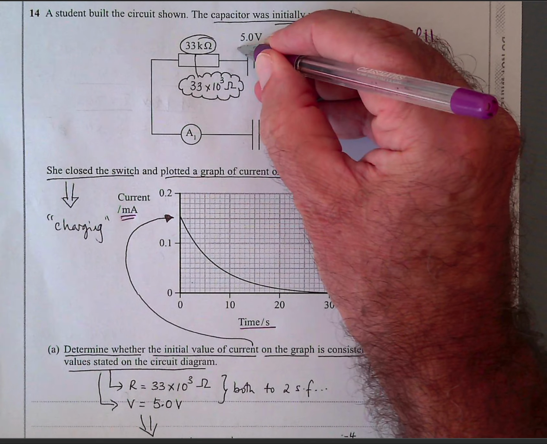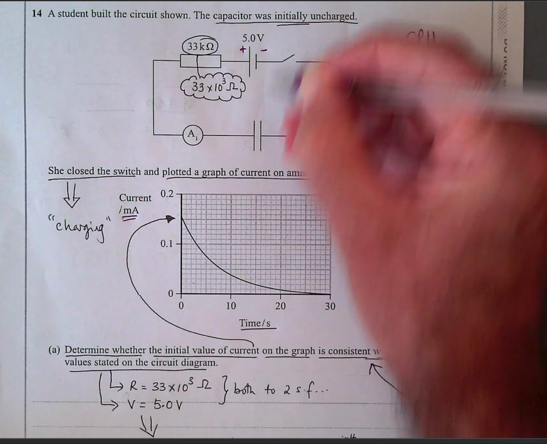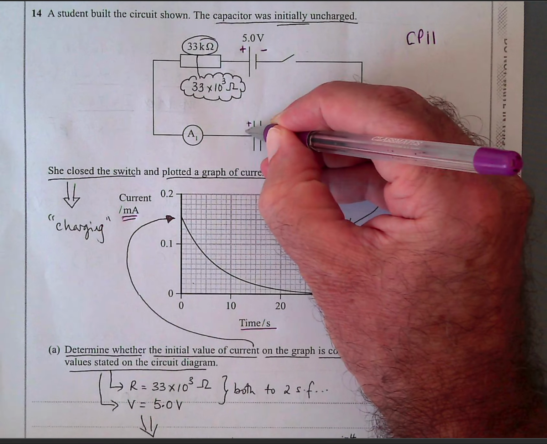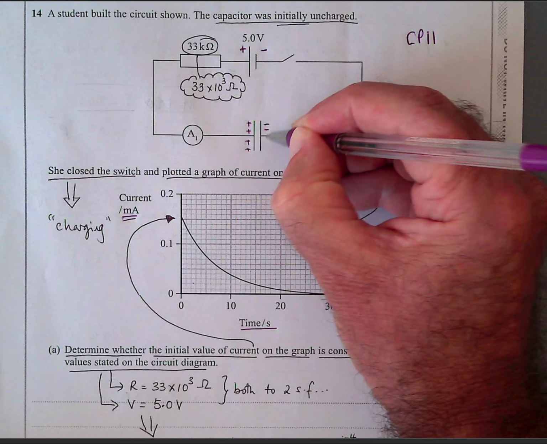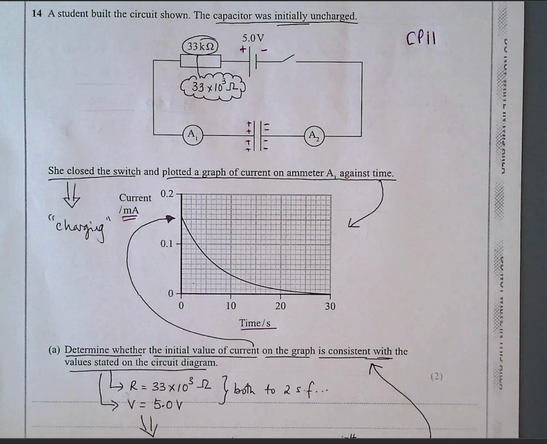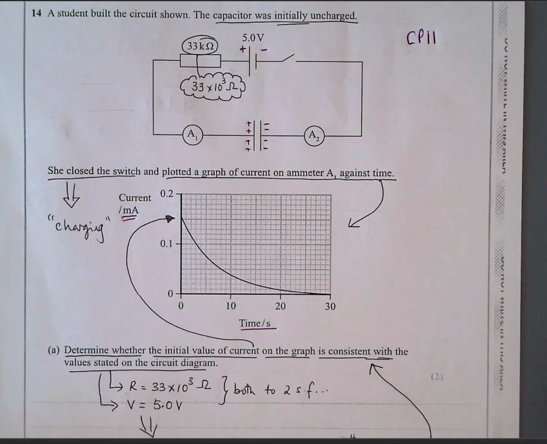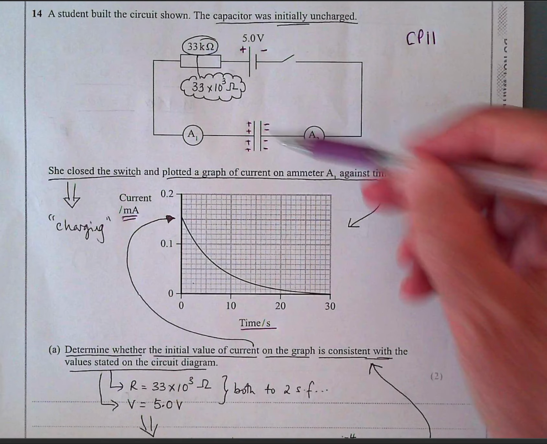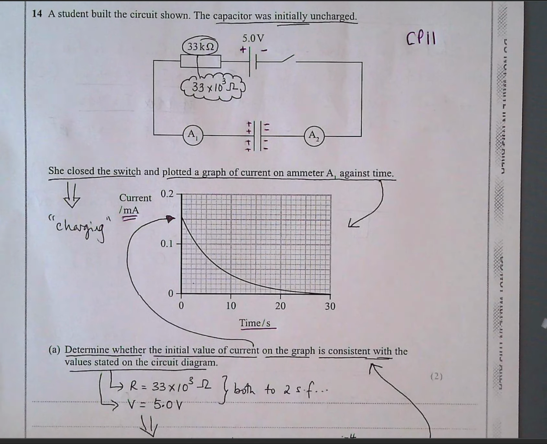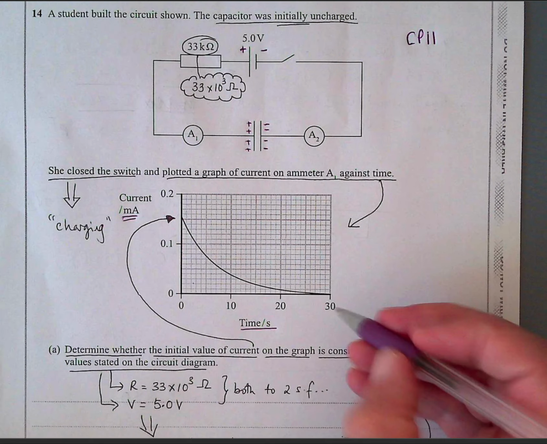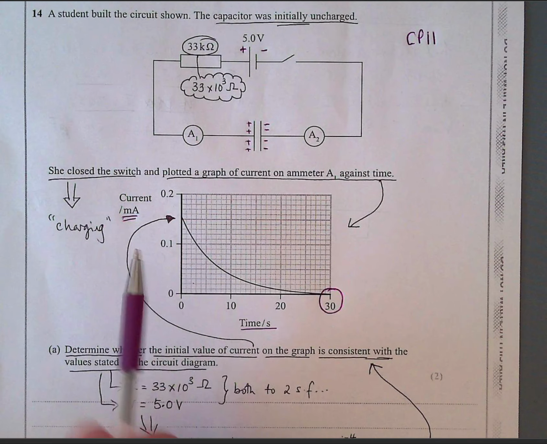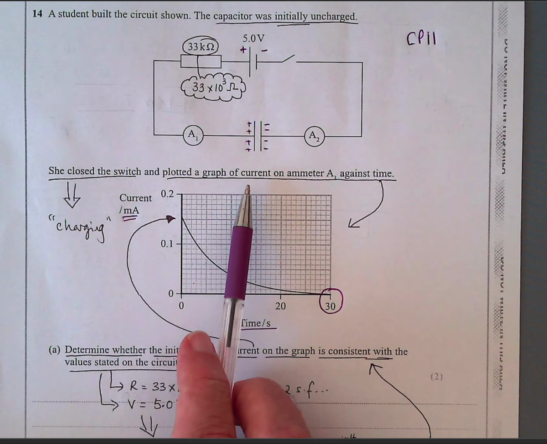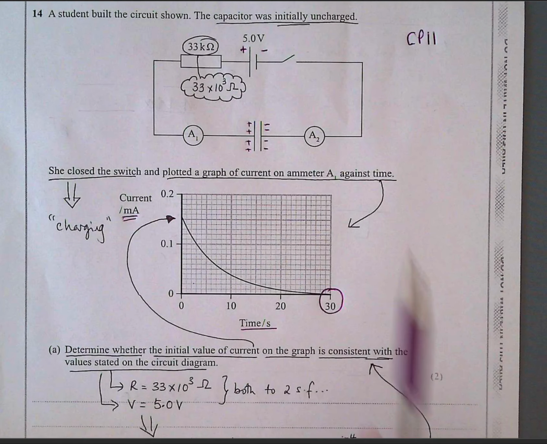So if this is the positive of the cell, this is the negative, then this side will be the positively charged side of the capacitor, and this side will be the negatively charged side of the capacitor. And when it's fully charged, it will reach the same potential as the power supply that you're using, in this case 5 volts. So when it's fully charged, at 30 seconds, it will reach 5 volts. So this is the graph of current on the ammeter against time.